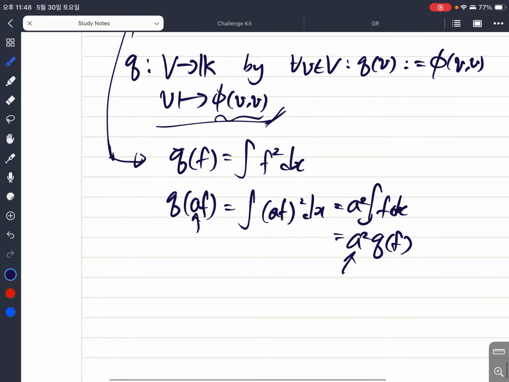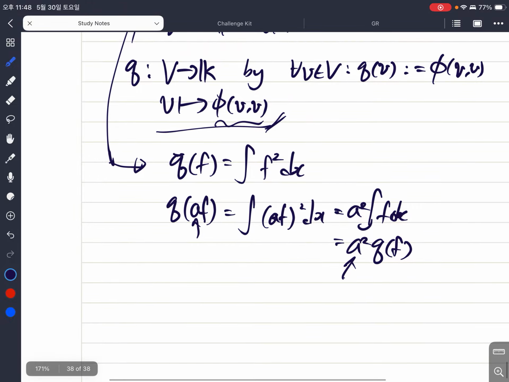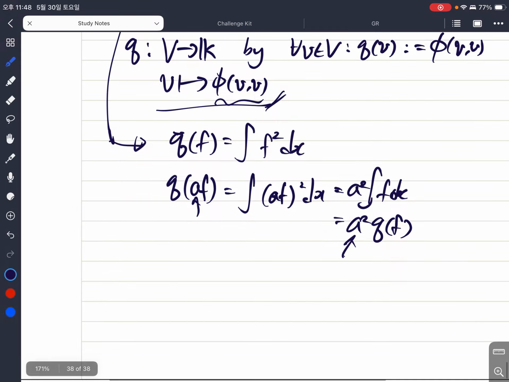Oh no, it is not one form because it is not linear. Sorry, it is some other thing. It is called a form, but not one form.